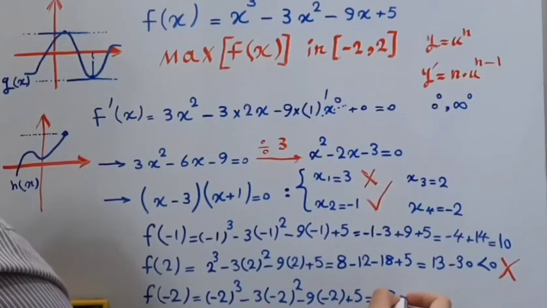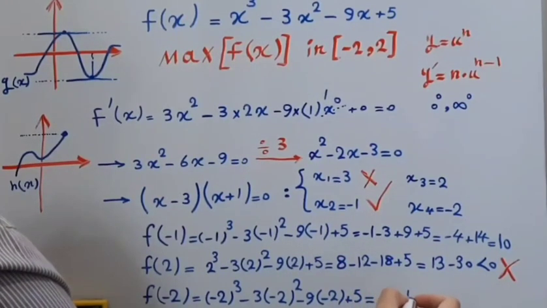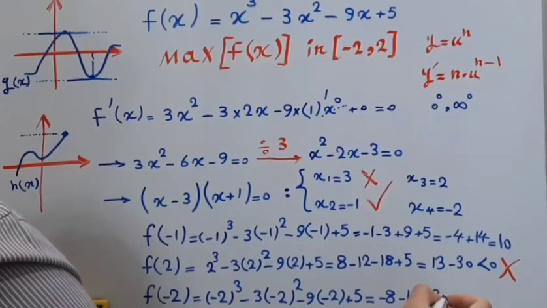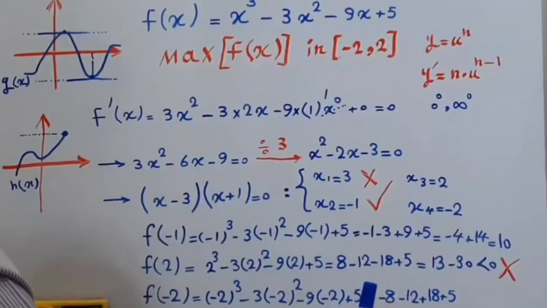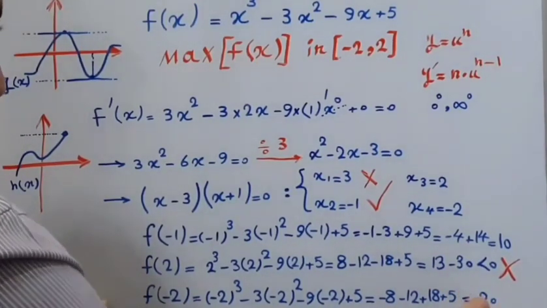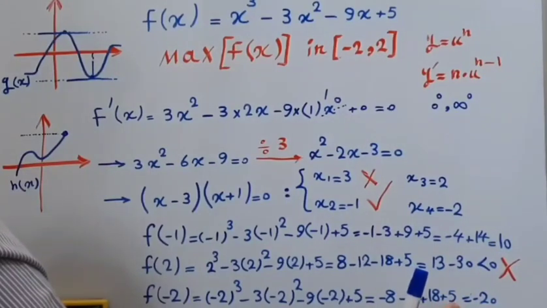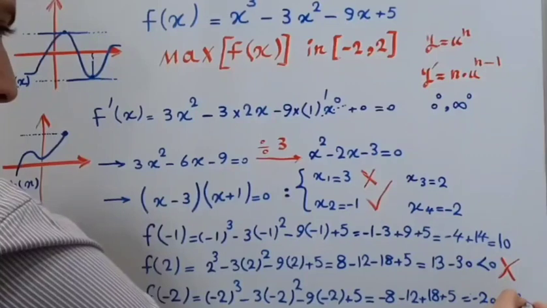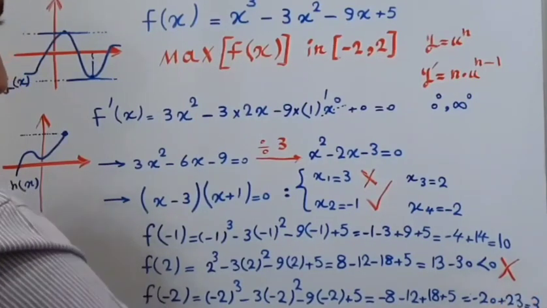Minus 8 minus 12 plus 18 plus 5. This is going to be minus 20 plus 23, that would be 3.